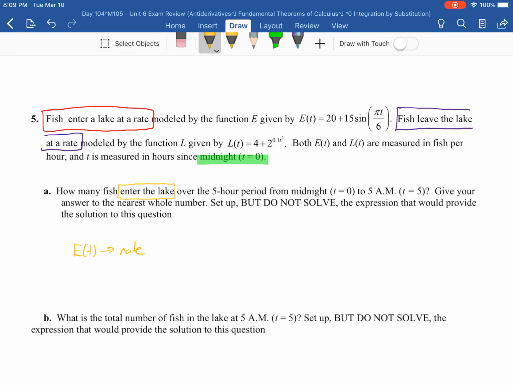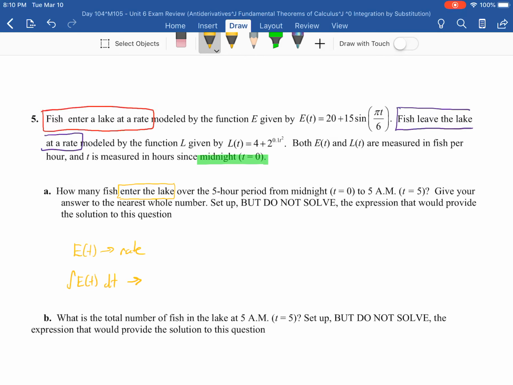Now, for some of you, this can seem pretty obvious. For some, I'm going to try to explain this the best I can. Well, let's think about this. If E of t is the rate at which fish enter the lake, well, if we were to take the antiderivative of E of t, we have to think of, well, what does that function represent?